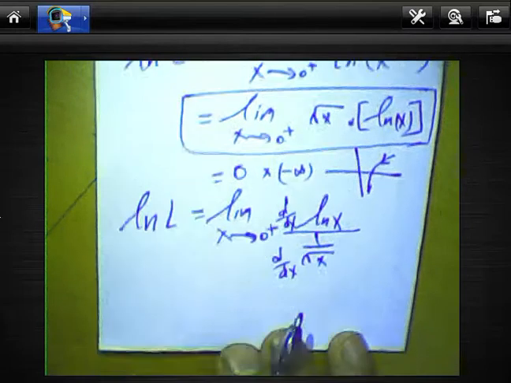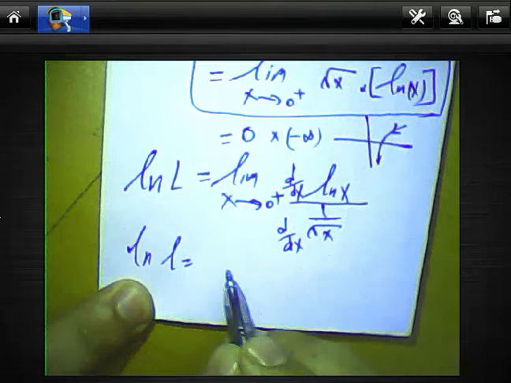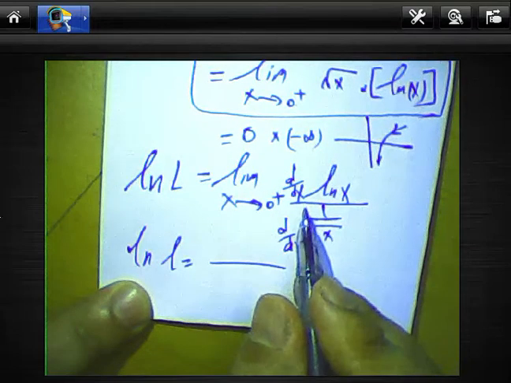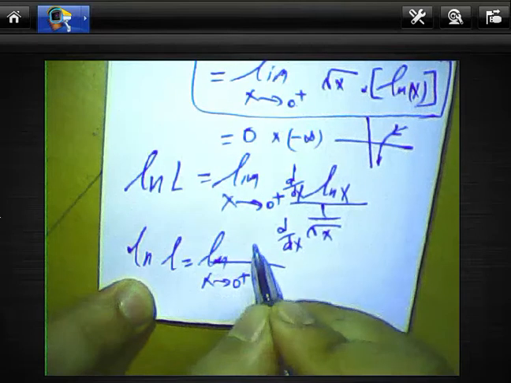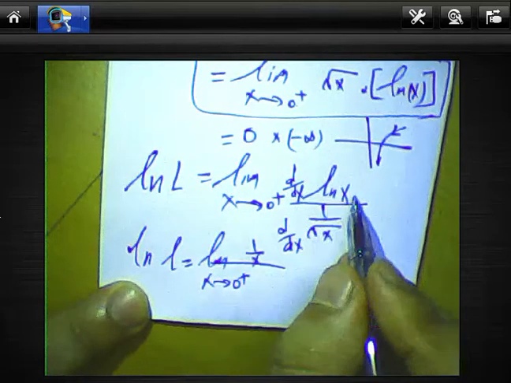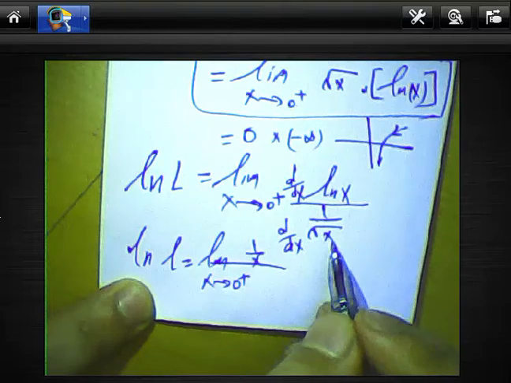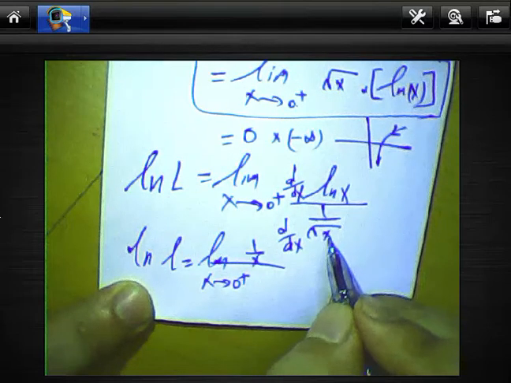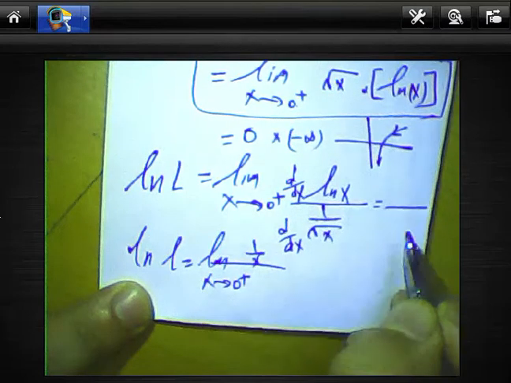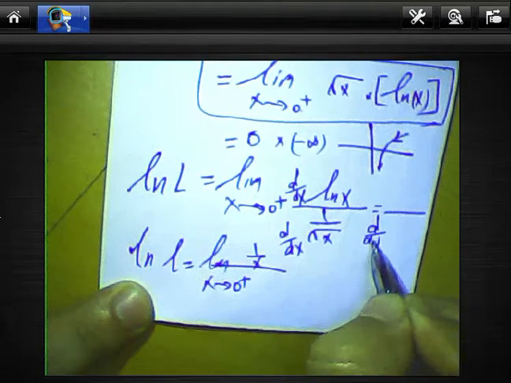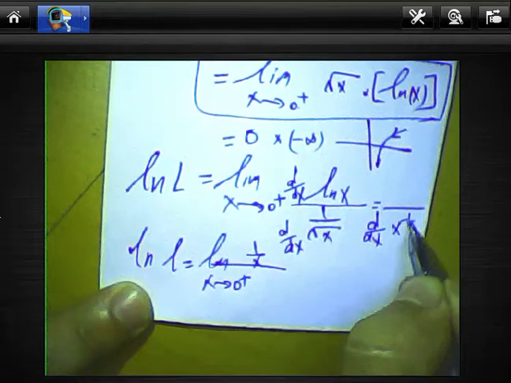Okay, complete with me. Then ln L will equal the derivative of the numerator and denominator when the limit x approaches 0 plus. We have 1 over x, the derivative of ln of x, and the derivative of 1 over root of x. We know root of x means x to the power half in the denominator. The derivative of 1 over x to the power half, meaning x to the power negative half.